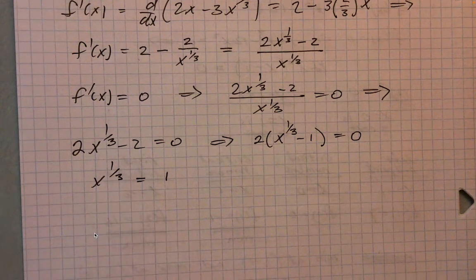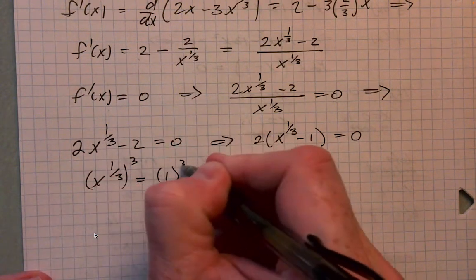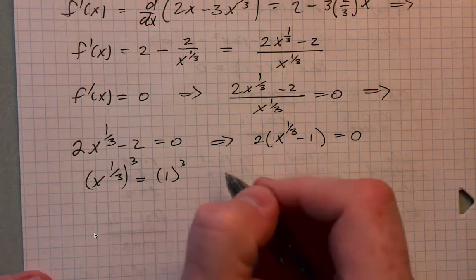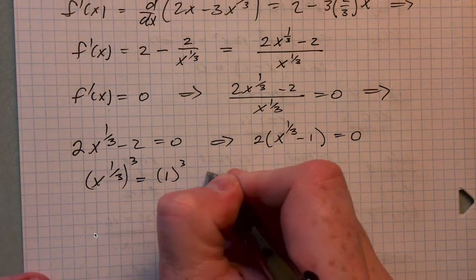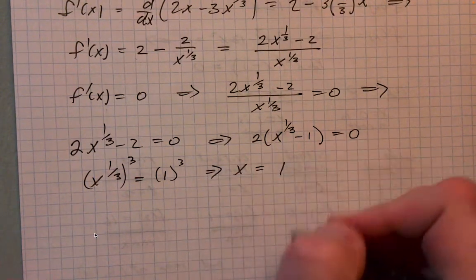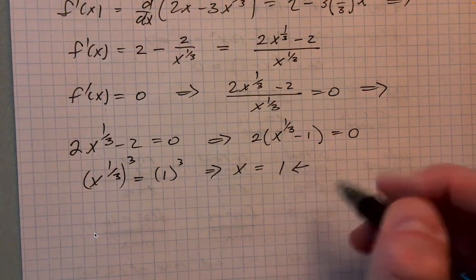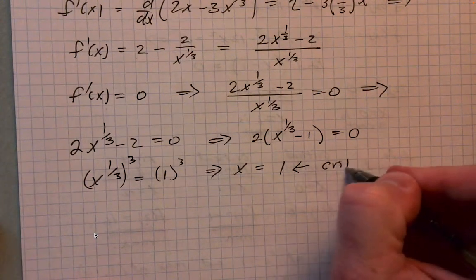How do we negotiate the exponent? Well, we basically cube both sides, right? And so you can think of it like this. And so if we do that, we get x equals 1, right? So we have a critical number at x equals 1.